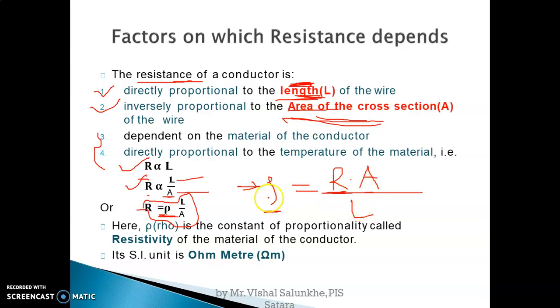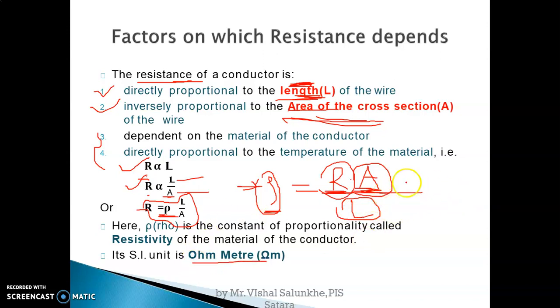Secondly, a very simple definition: resistivity is the resistance of a wire of unit cross sectional area per unit length. So SI unit of resistivity is ohm meter.